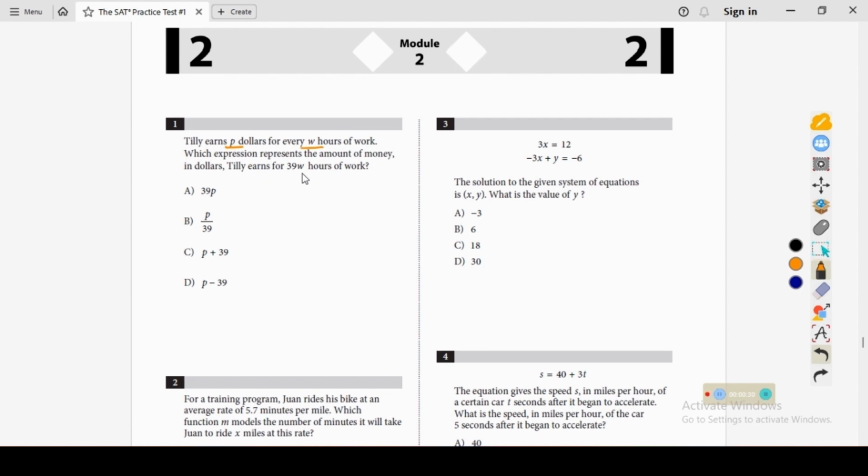Since for every W hours, Tilly earns P dollars, and we have 39 W hours, then Tilly will get 39 P dollars. Okay, so A is the correct answer.